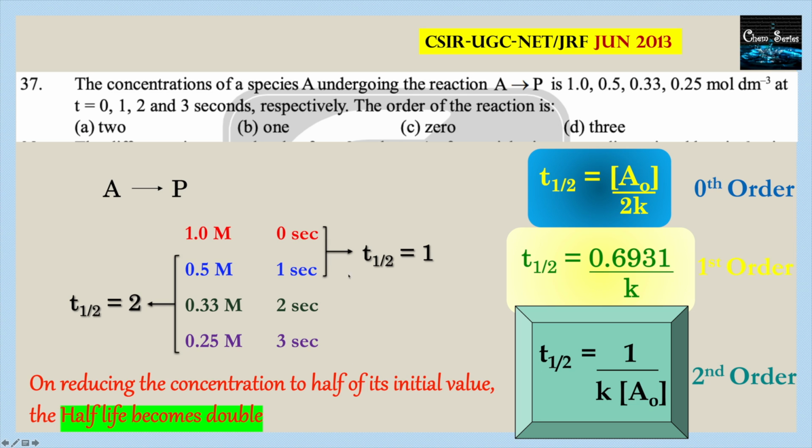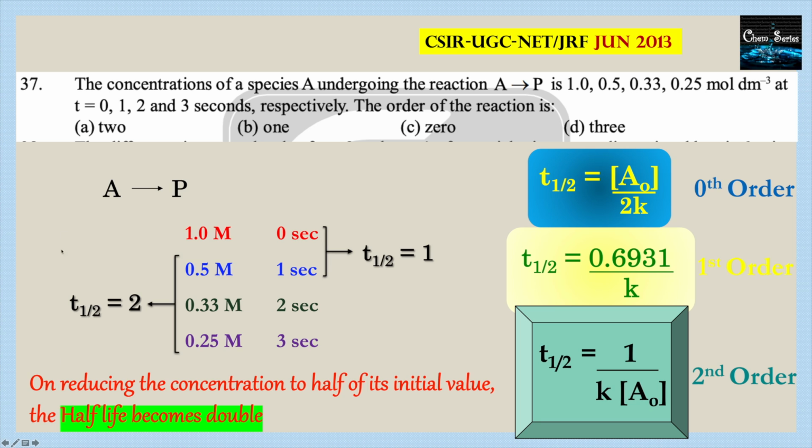So when we relate that to these half-life formulas, you see in second order the T half is equal to 1 by K A naught. That is, T half is inversely proportional to the initial concentration. That is, when T half increases, your initial concentration decreases, right?